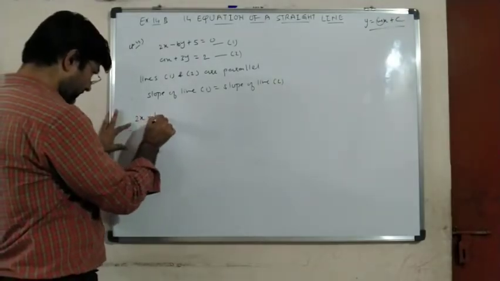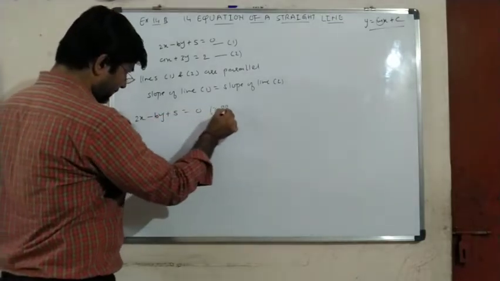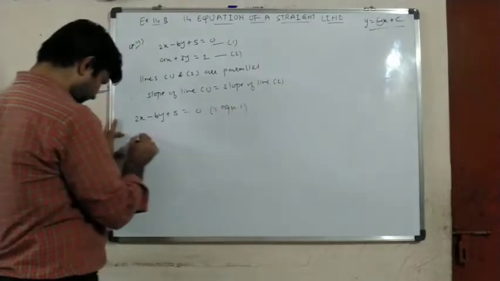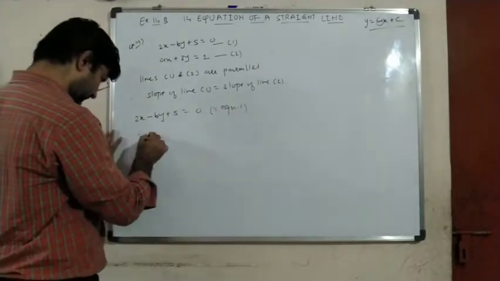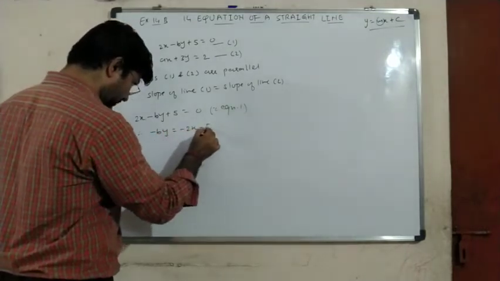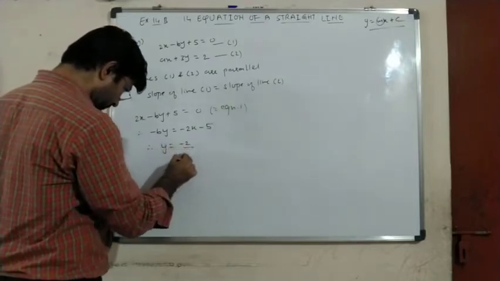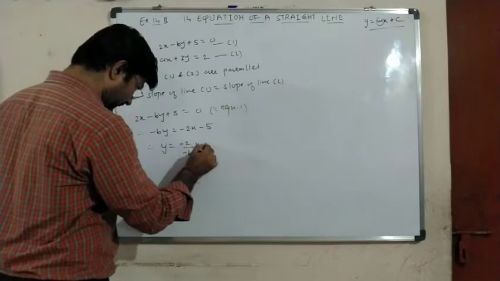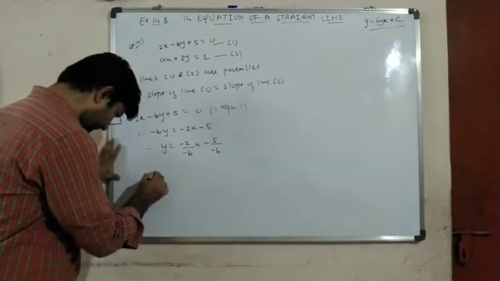2x minus by plus 5 is equal to 0. This is equation 1. We will convert this equation in the same y is equal to mx plus c form. So we have minus by is equal to minus 2x minus 5, or y is equal to minus 2 upon minus b into x minus 5 upon minus b.